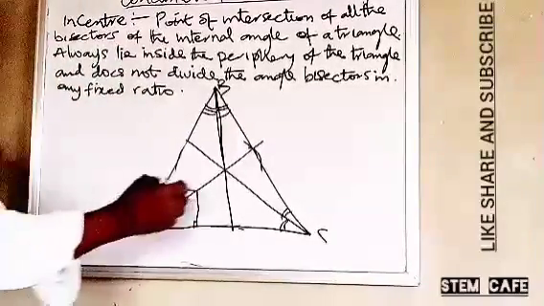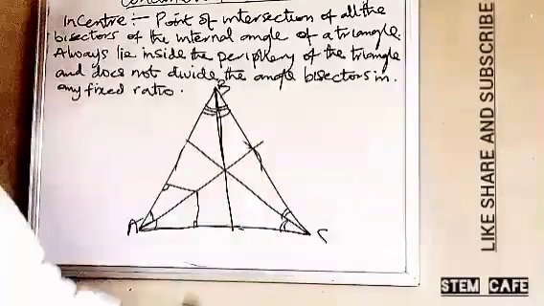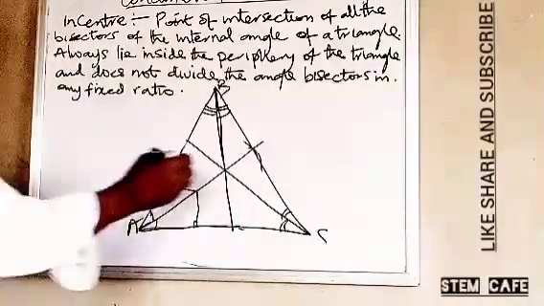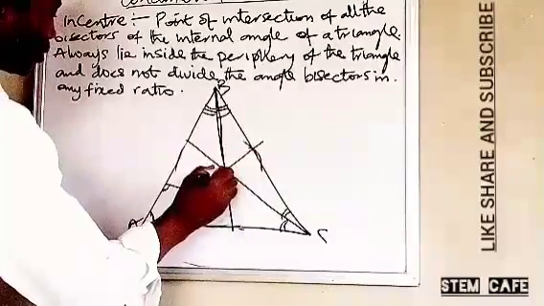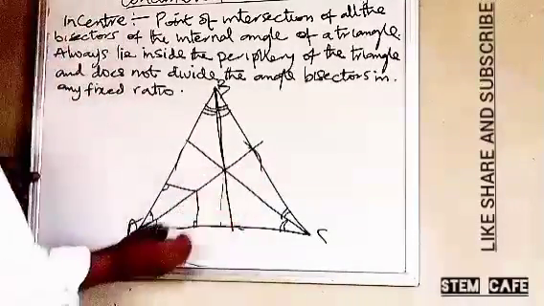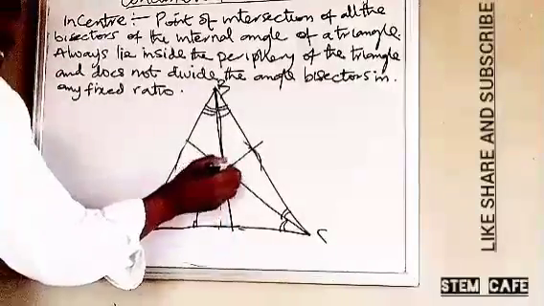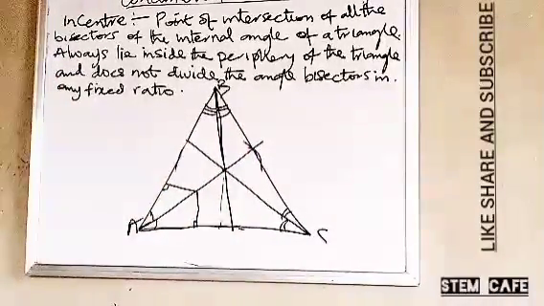So at the end of the day, the distances here will all be equal. And from this point to any place, the perpendicular distance will be the radius of the incircle. So that's why we call it incenter.